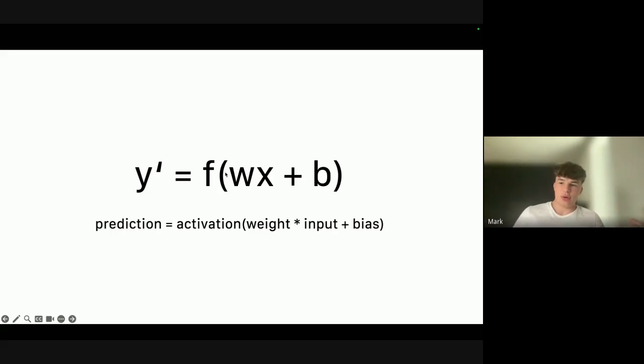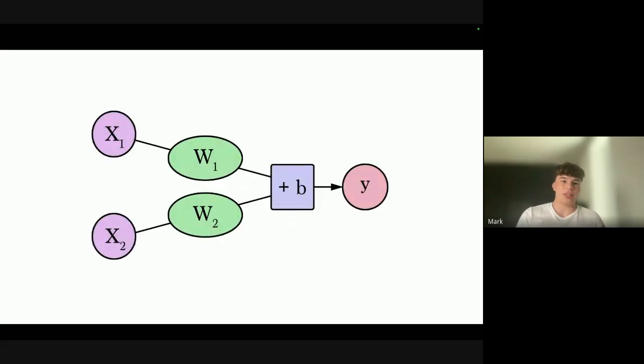Common ones are sigmoid, if you want more distributed outputs, or ReLU for nonlinear models. So essentially, it could look like this. If you have multiple input data points, you use x1 and x2, multiply each by a weight, add a bias, and then you get your output prediction.